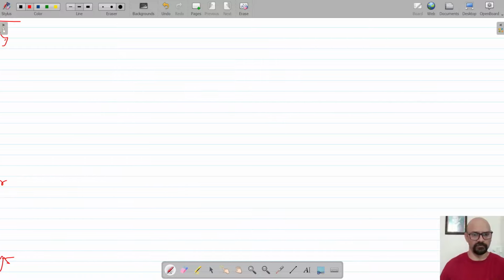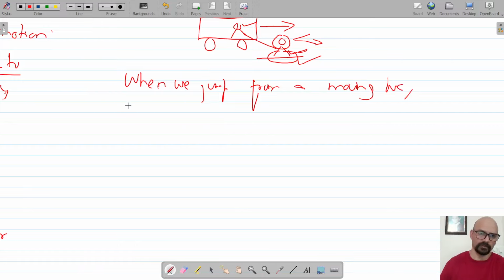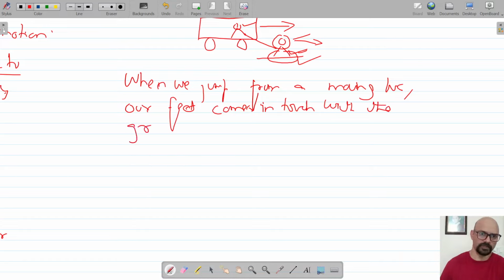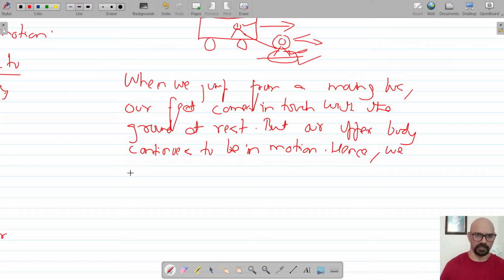And the reason we have mentioned here is that when we jump from a moving bus, our feet come in touch with the ground at rest, but our upper body continues to be in motion, and hence we may fall on the ground and get hurt.